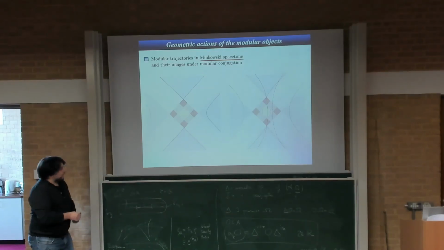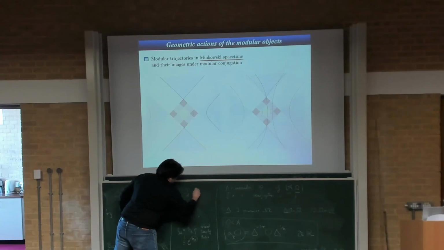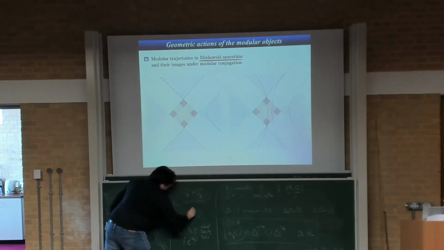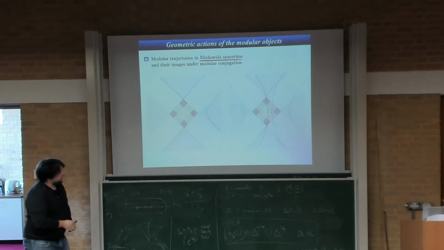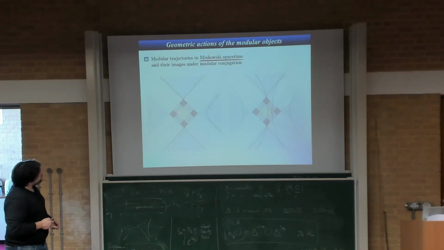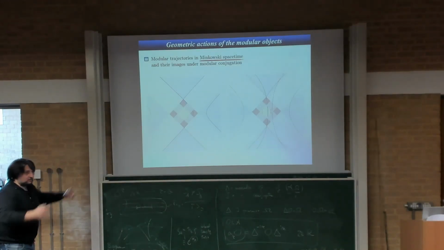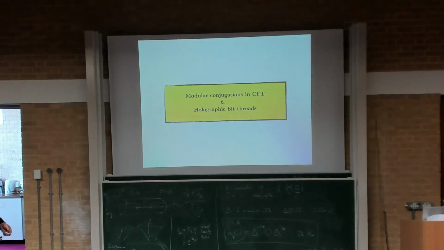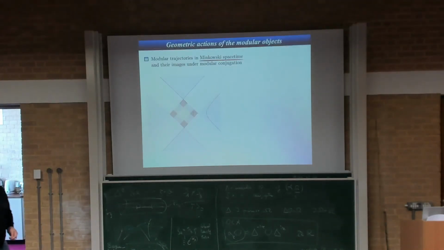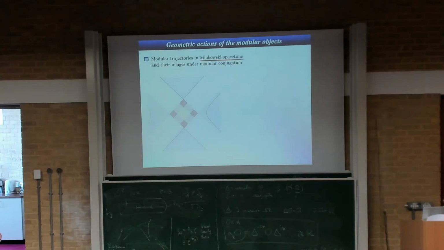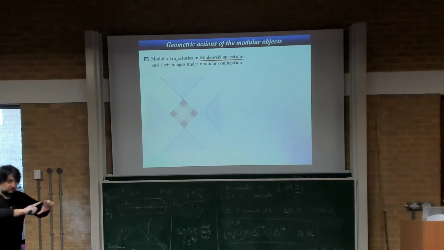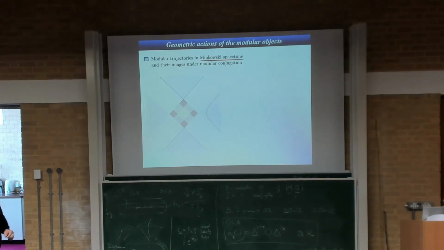At the level of entanglement at finite temperature, this is not true anymore. And here you see explicitly, because there is this region that is mapped in the second world. So these are the modular trajectories, and this is the causal diamond associated to the interval that I showed before. This is the action with J of this.